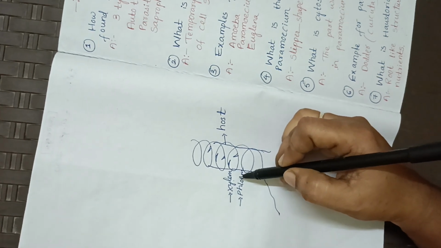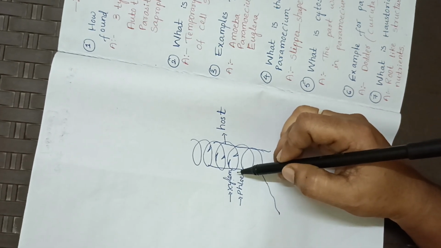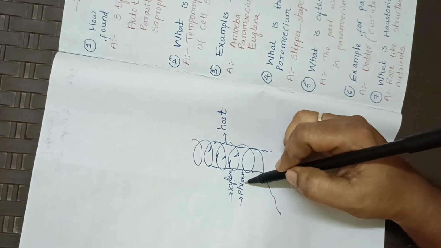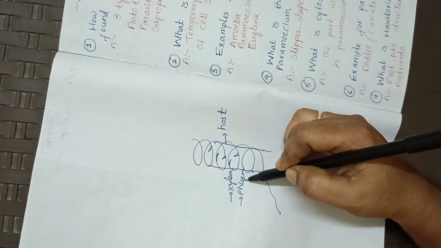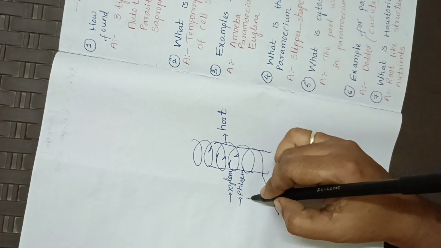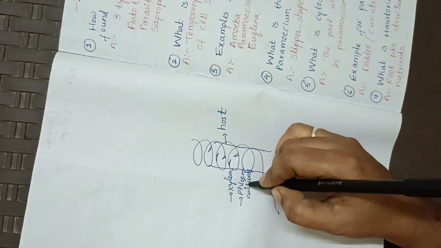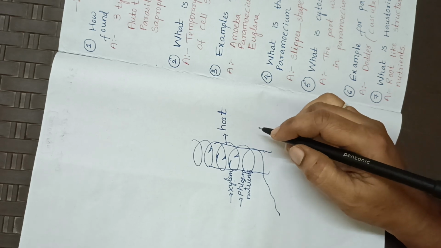Why? Because from the xylem it absorbs the water from the host plant, and from the phloem cells it absorbs the nutrients. Clear. So it is absorbing the water as well as nutrients.